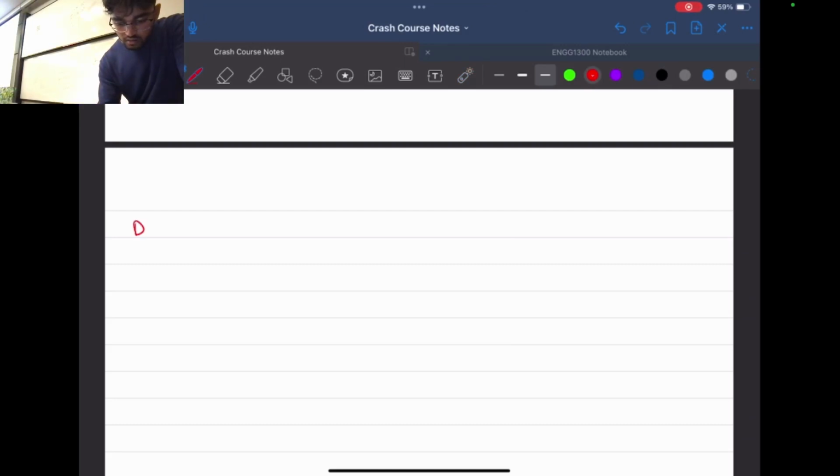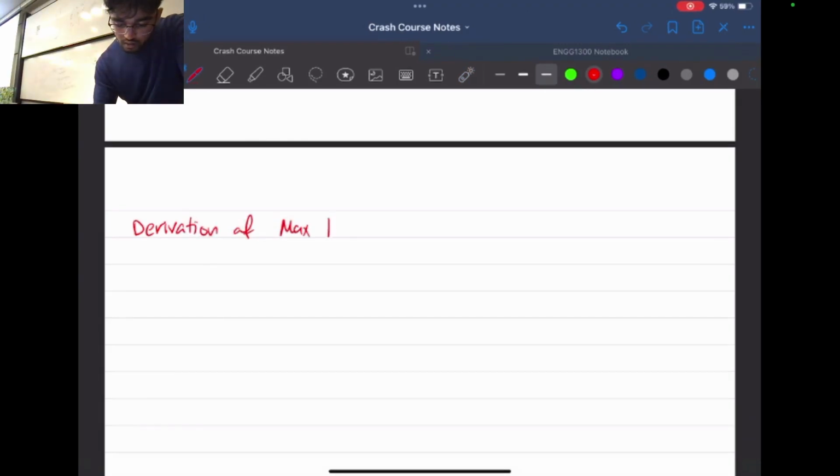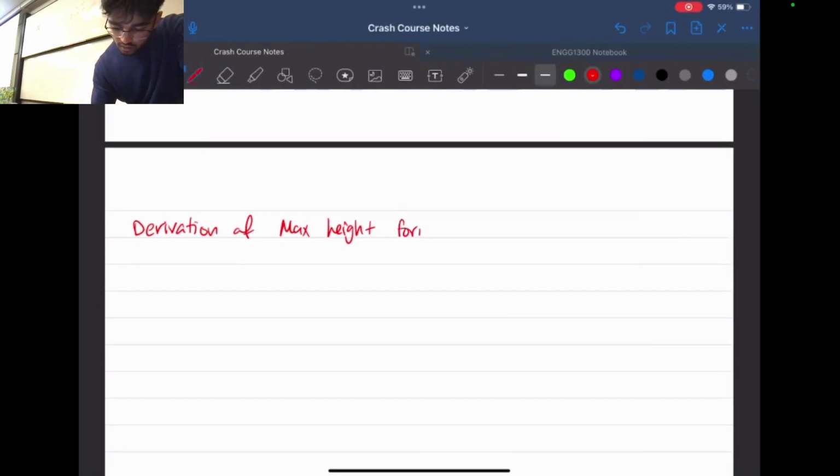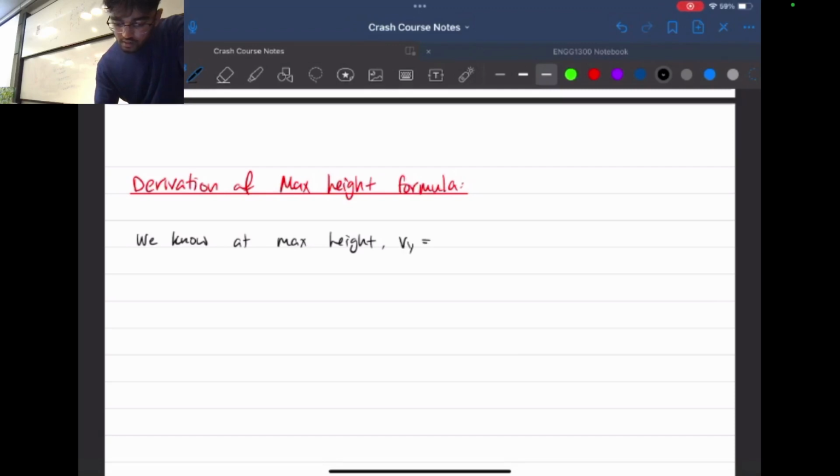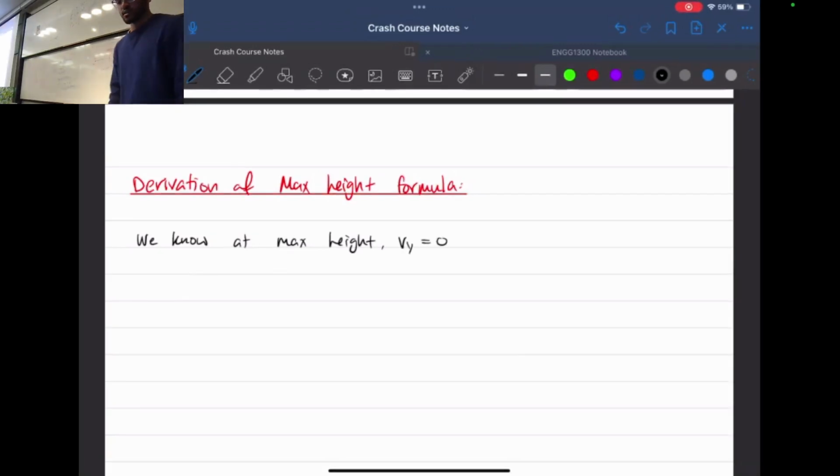So first of all, we know that at max height, Vy is equal to 0. Oh, I can explain why that's the case. So taking a look over here. Oh wait, they can't see that. I'll do it on the iPad.